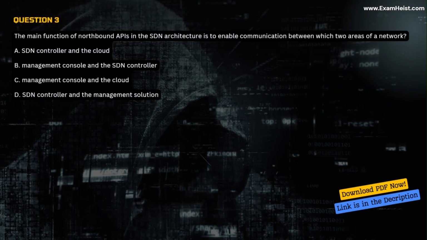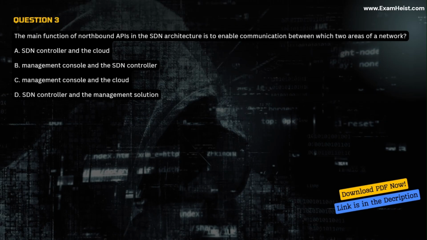Question 3. The main function of northbound APIs in the SDN architecture is to enable communication between which two areas of a network? A. SDN controller and the cloud. B. Management console and the SDN controller. C. Management console and the cloud.